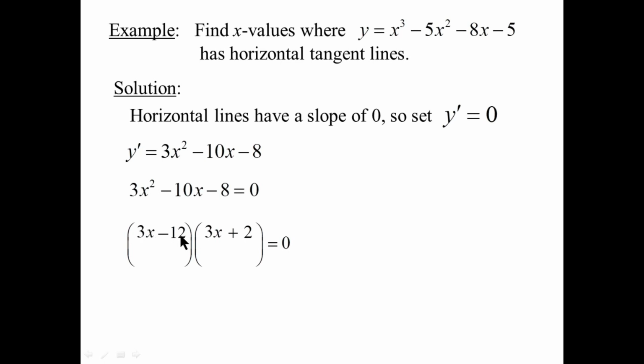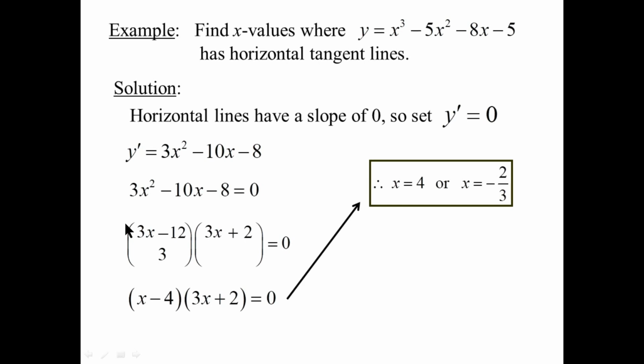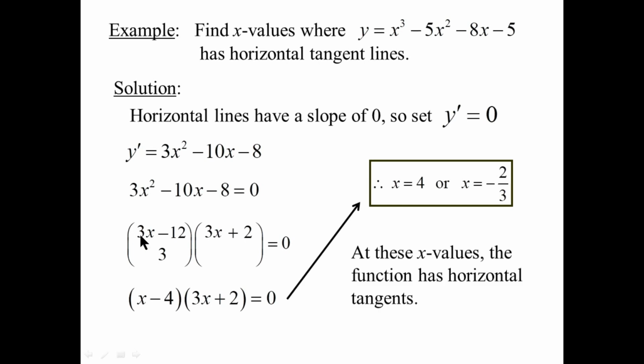Now I see that 3 comes out of both of these, so I can divide off 3. And so dividing this factor by 3, we get x minus 4 times 3x plus 2 equals 0. And from grade 10 math, we know that therefore x equals 4, or negative 2/3. And these are x values where the function has horizontal tangents.